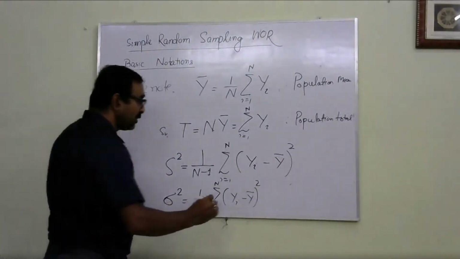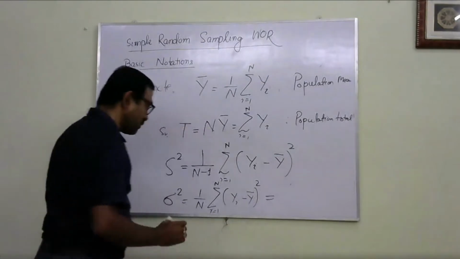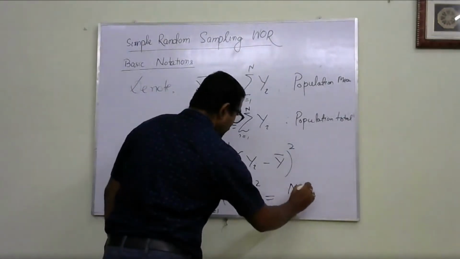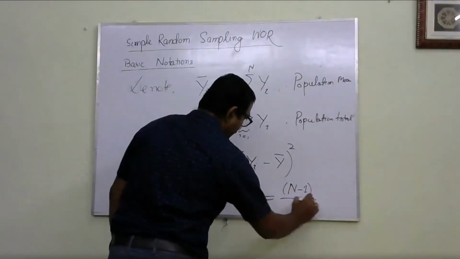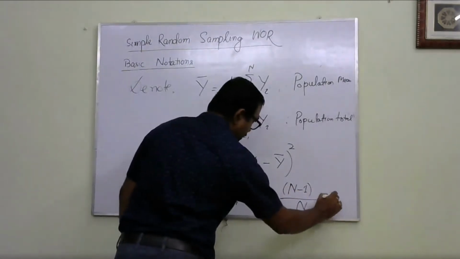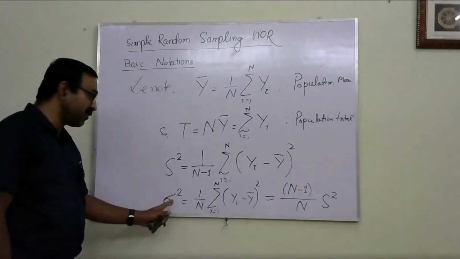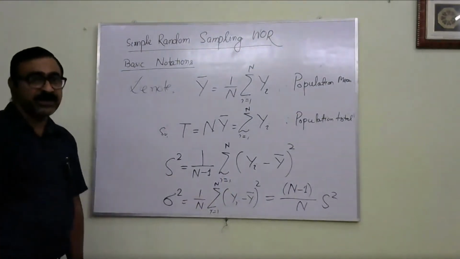So this is equal to N minus 1 by N into S square. This is the relationship between the population variance and population mean square.